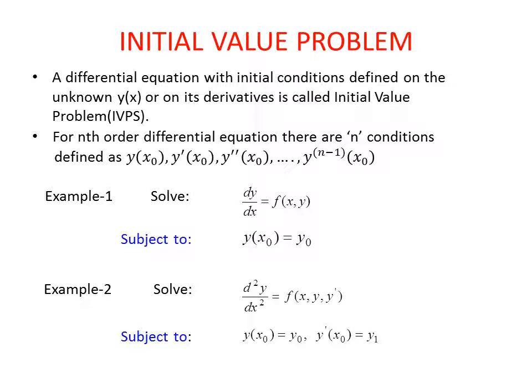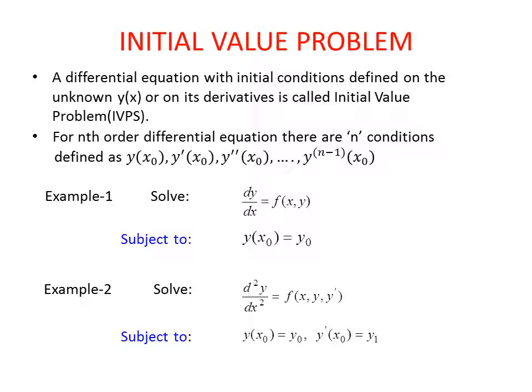Because we have a differential equation of order 2. Whenever we have a differential equation of order 2, there must be two initial conditions, starting from the unknown function y, then its first derivative, then second derivative, and so on.